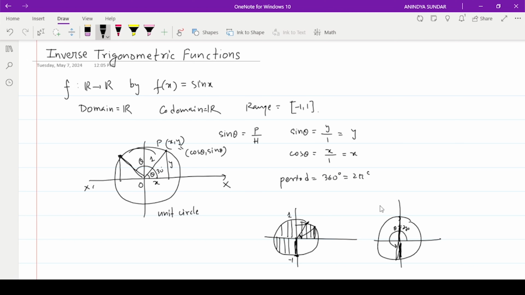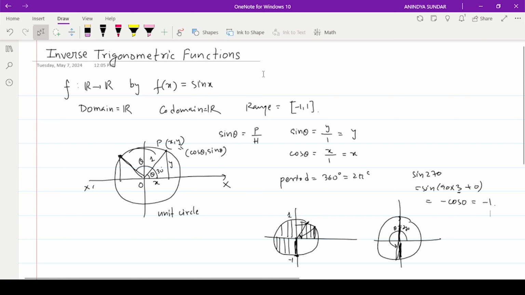Now you can also evaluate sine 270 as sine of 90 into 3 plus 0. Since 3 is odd, I will write it as -cos 0, which is -1. So sine 270 is -1. So the range is clear.